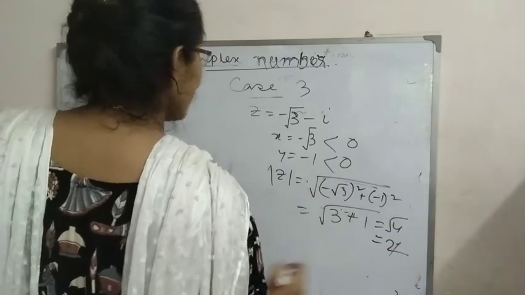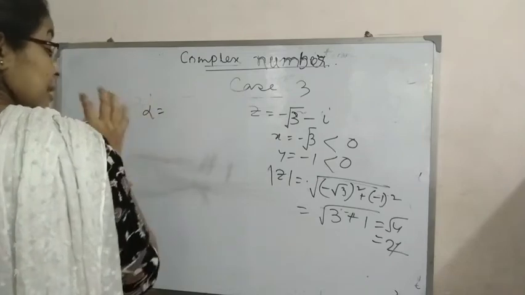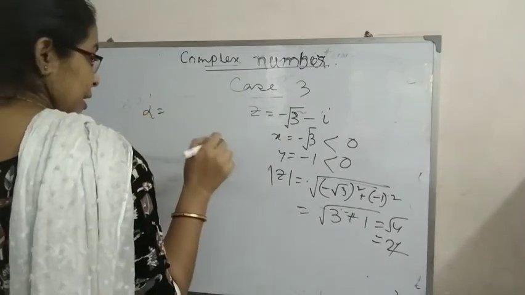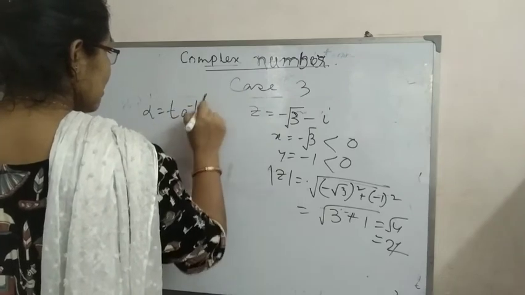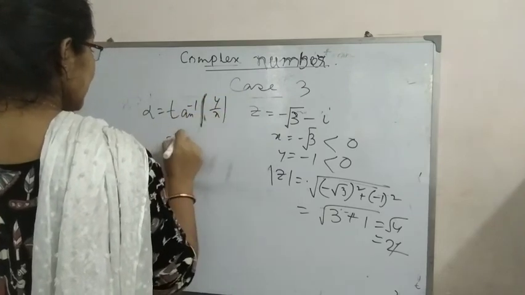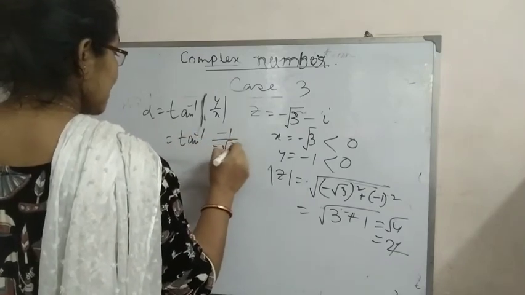This is equal to 2, and alpha is the acute angle satisfying the condition tan inverse mod y by x, that is tan inverse of minus 1 by minus root 3.